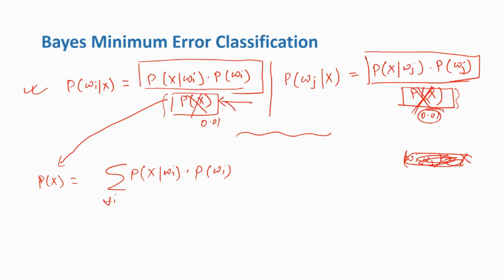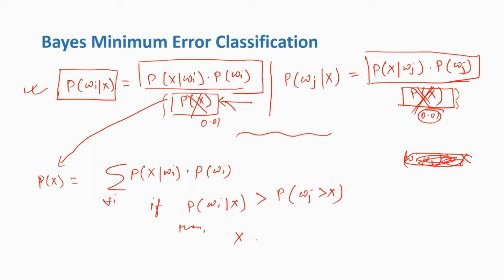Now say we have two values, probability of omega i given x and probability of omega j given x. They mean the probability of x being classified to omega i and the probability of x being classified to omega j. In any case, if probability of omega i given x is greater than probability of omega j given x, then this x will belong to omega i.